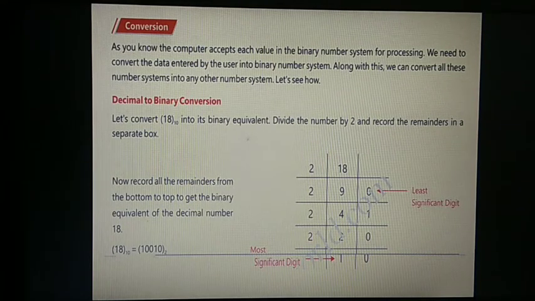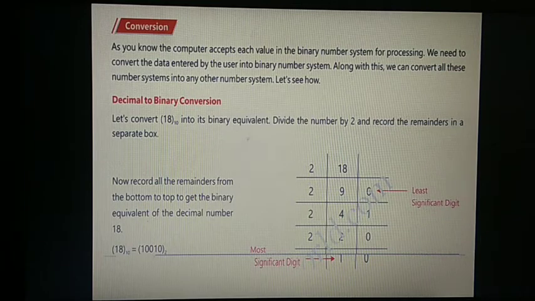You must remember the base for decimal is 10 and the base for binary is 2. Now here you have a number called 18. So let's convert 18 base 10.